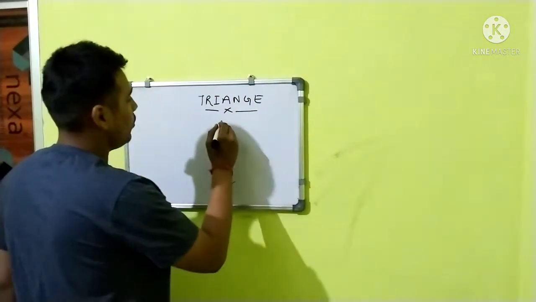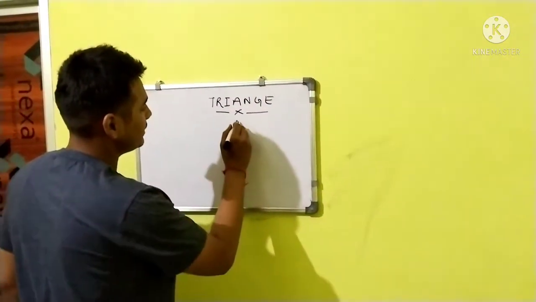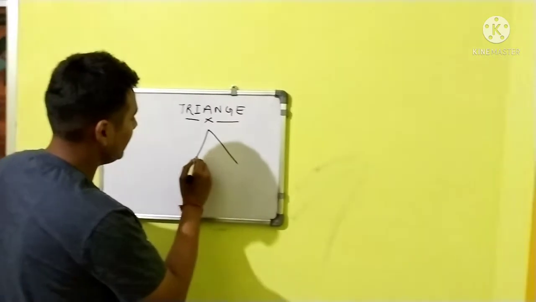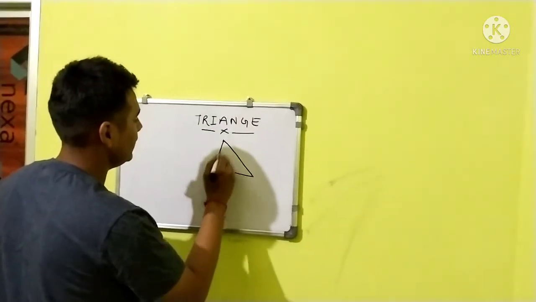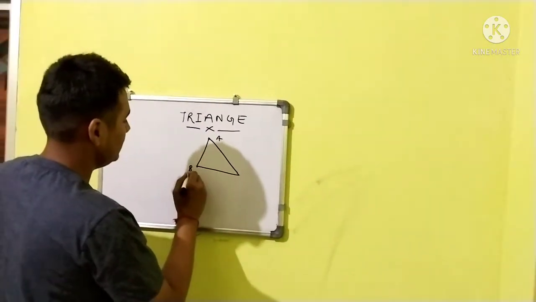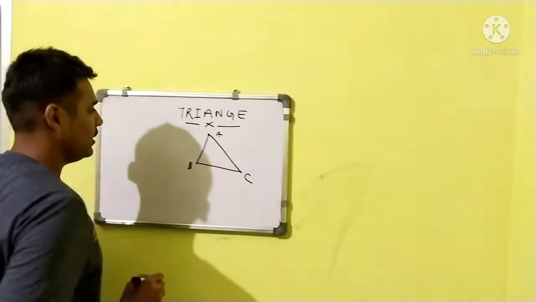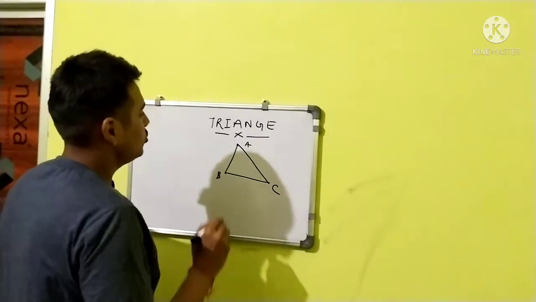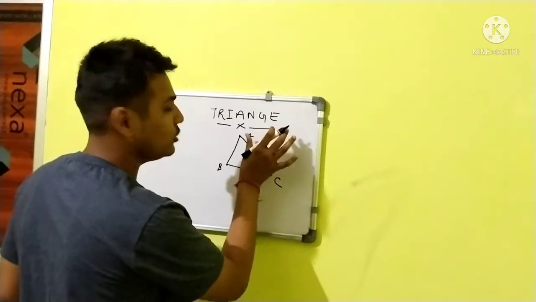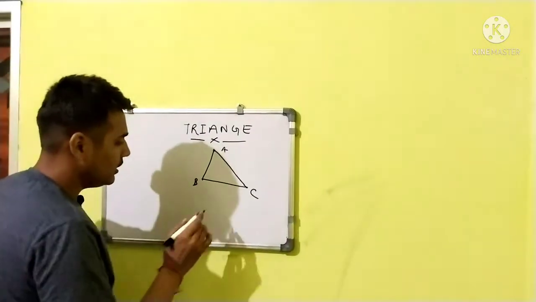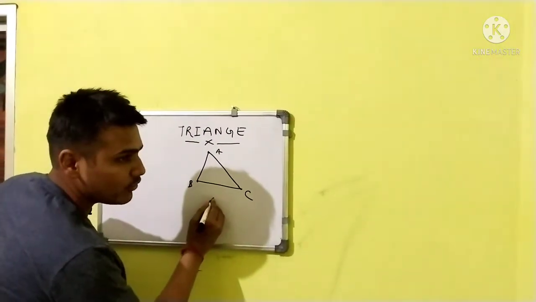So what is a triangle? A triangle has three vertices, A, B and C. We all know how many points are needed to make a triangle. Can you draw a triangle from one point?